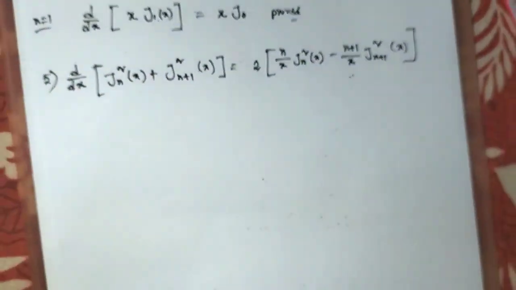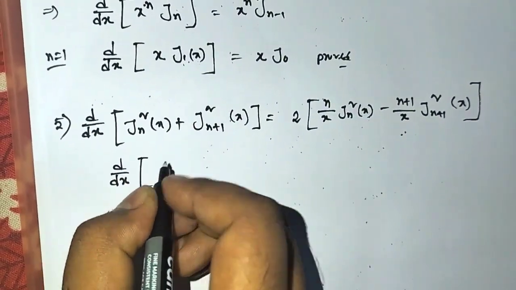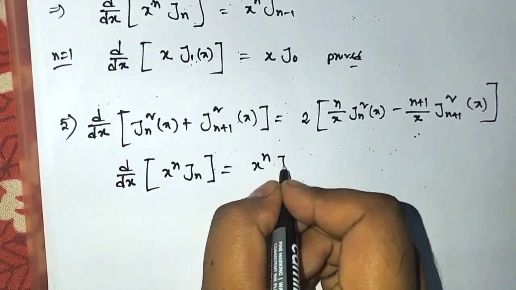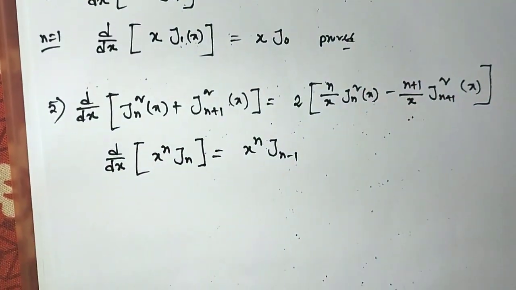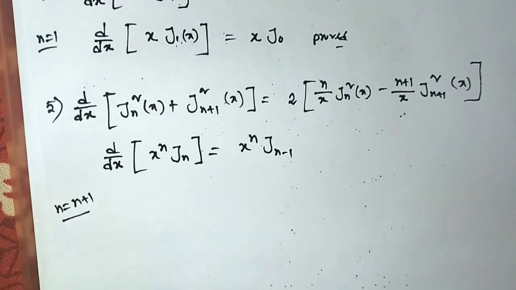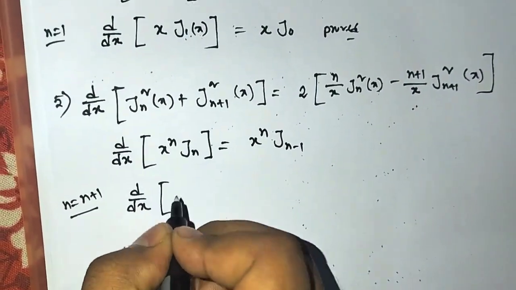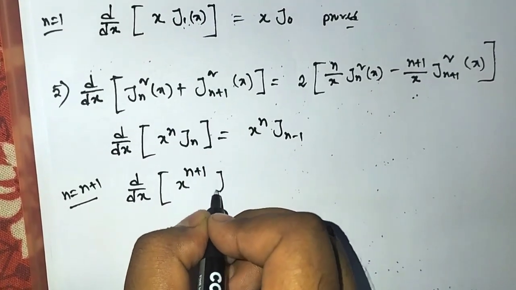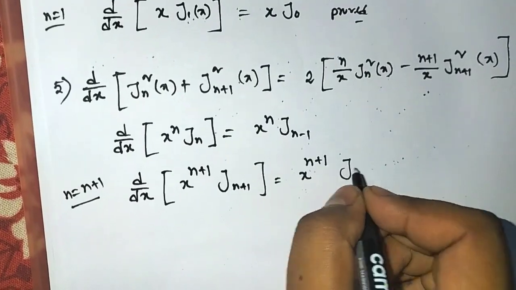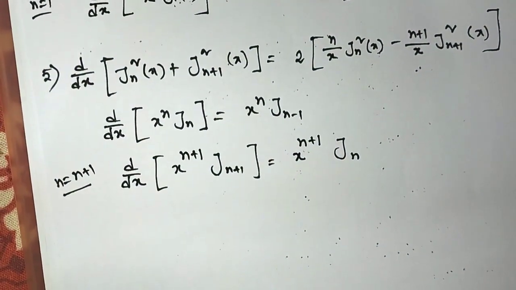You all know one recurrence relation: d/dx of x^n Jn equals x^n Jn-1. Clear? Now substitute n equal to n plus 1. So d/dx of x^(n+1) Jn+1 equals x^(n+1) Jn. Clear?